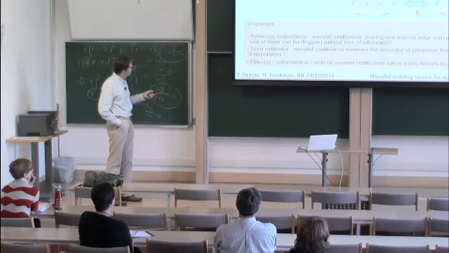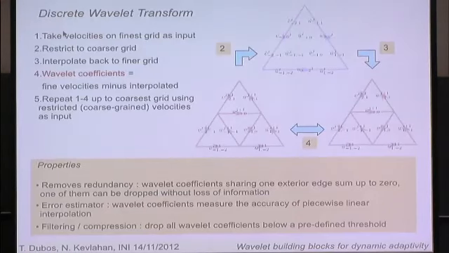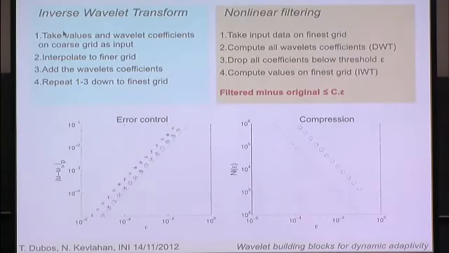What this wavelet coefficient is doing, it looks like a local second derivative, because it's the error that you're making in a linear interpolation, so it's kind of proportional to the second derivative of your function. Usually you would take a gradient-based heuristic refinement criterion, so that's not exactly the same. You can draw some analogies with other criteria. But I will come back in detail to the refinement criteria later.